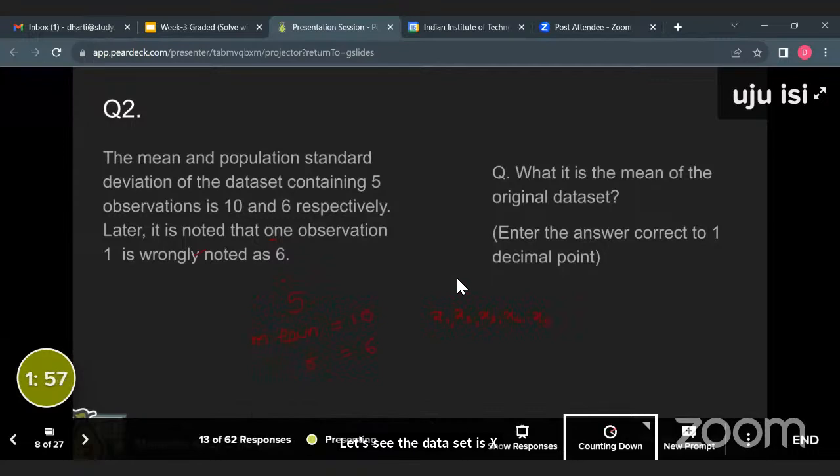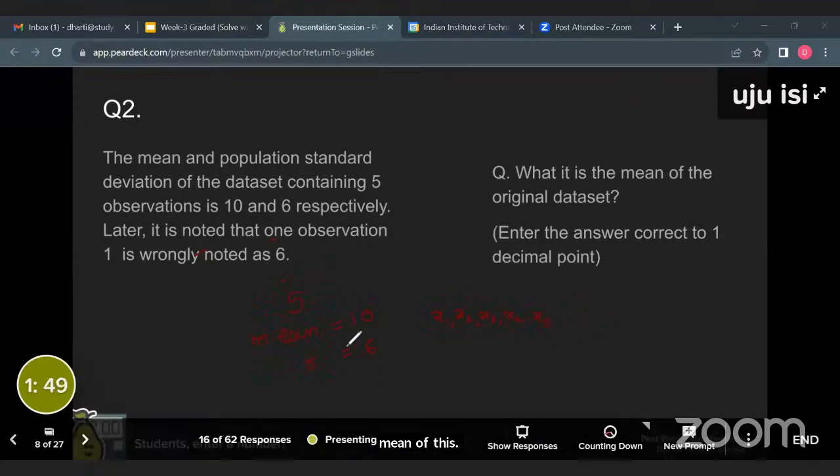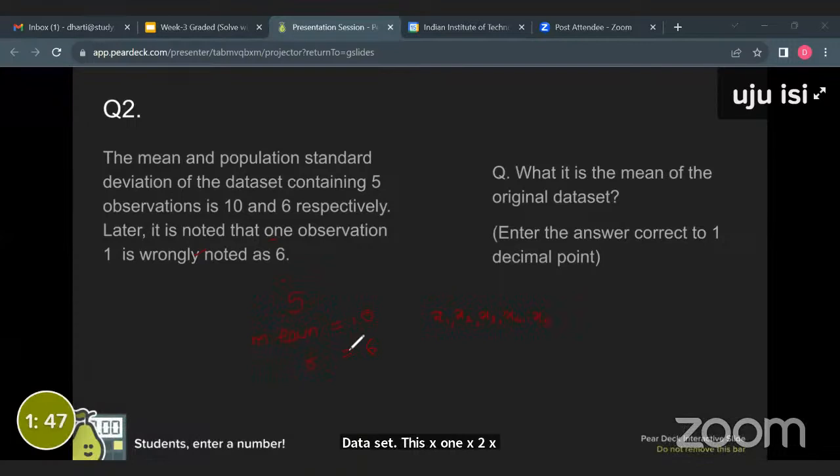The mean of this data set is 10 and the standard deviation is 6. I don't know what the points are, but I know these are 5 points with mean 10 and standard deviation 6.